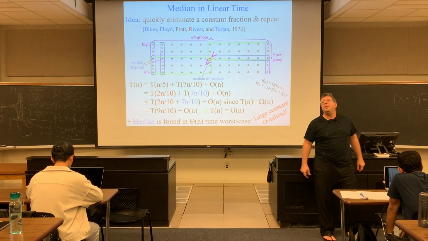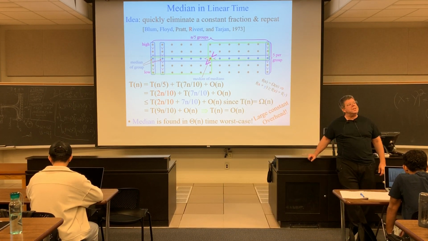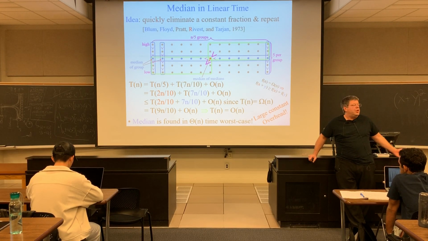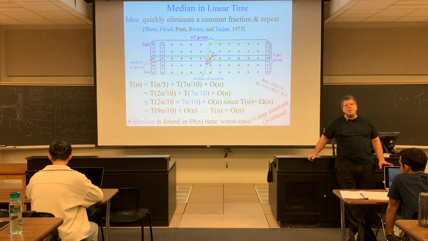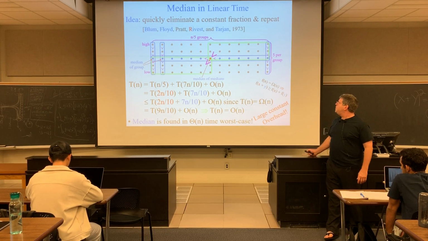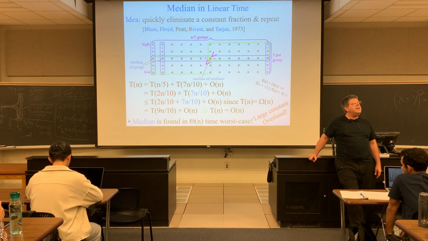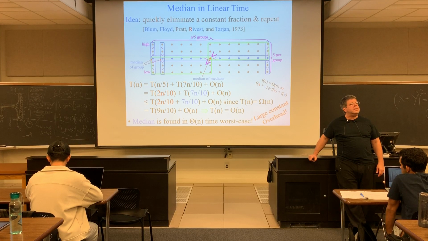The constant could be three digits long, or even 4 digits. The constant could be 1,000 times n, or 5. It depends on how you implement it and how careful you are. So I'm just giving you a caution that just because it's linear time doesn't mean you should always use this to find the median in all scenarios. Okay.